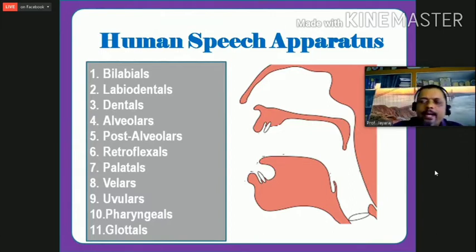When we take up the speakers of Indian languages, they use 9 places of articulation. So Indians use 9, Arabs use 10, English speakers use 8.